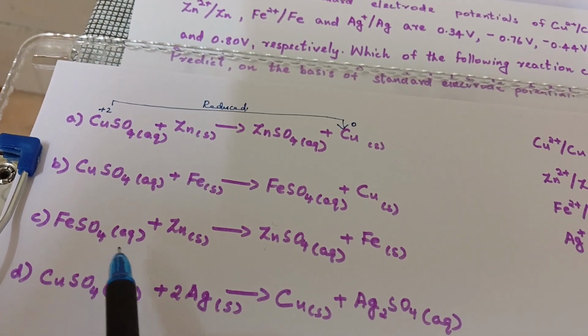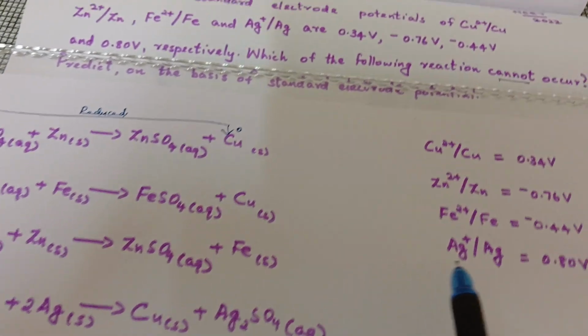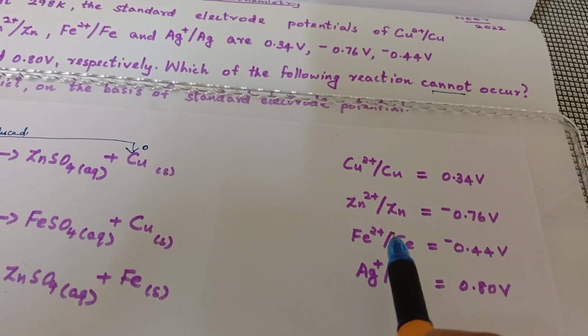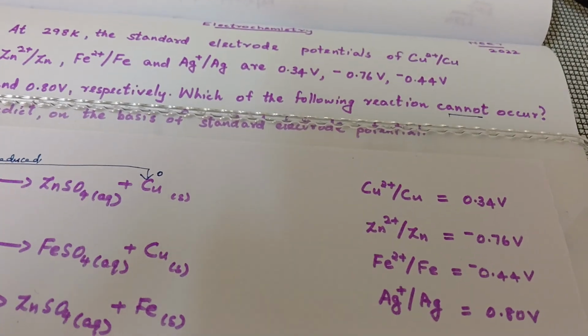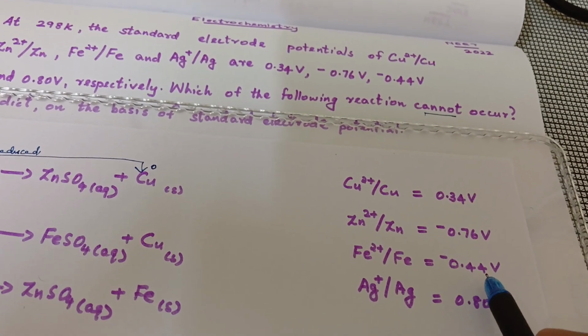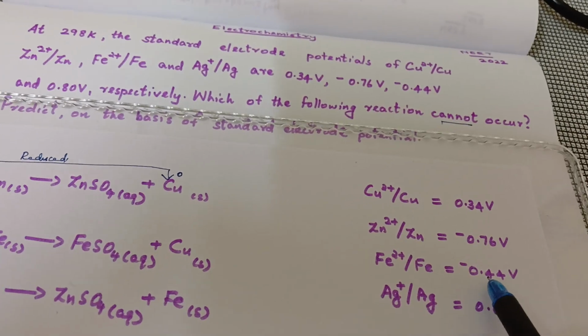What about the next one? FeSO4 and zinc. Fe and zinc, which is more positive? That is, which is a greater number? We can see Fe2+ is a greater number.